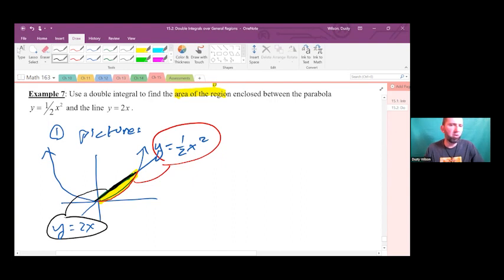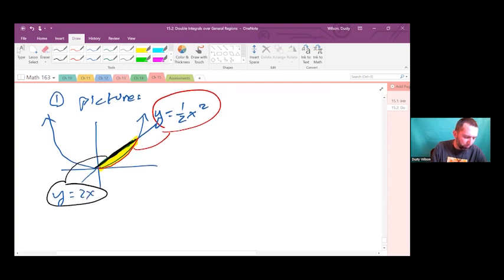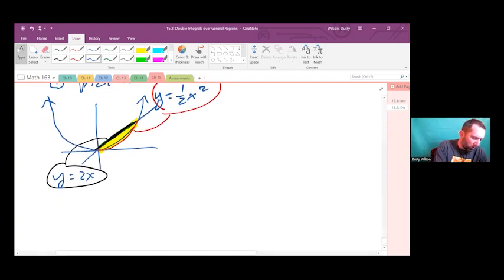We could do this using our old-fashioned Calc 1 methods, but we're in Calc, or sorry, I guess that's Calc 2 methods, but here we're going to use a double integral. And so we are going to set up and evaluate an iterated integral.